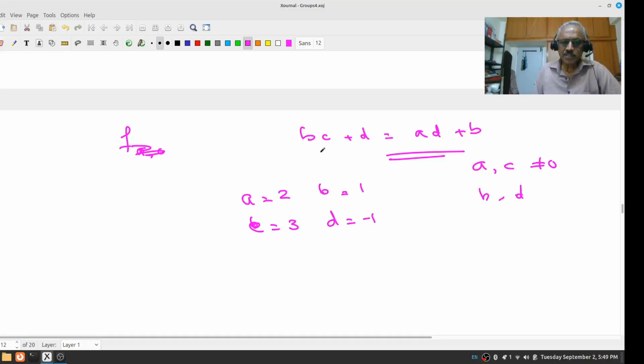Therefore, what is bc? bc is going to be 3, plus d which is minus 1, therefore it is equal to 2. What is ad? a is 2, d is minus 1, therefore minus 2, plus b which is 1, therefore it is minus 1. Whereas this is 2. So they are different. Is that clear?